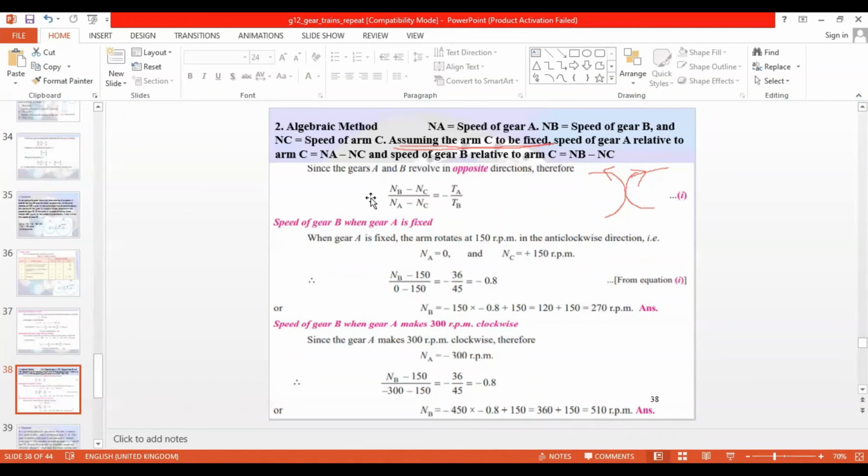So in this equation, I am going to substitute NA and NC, because NB I have to find.